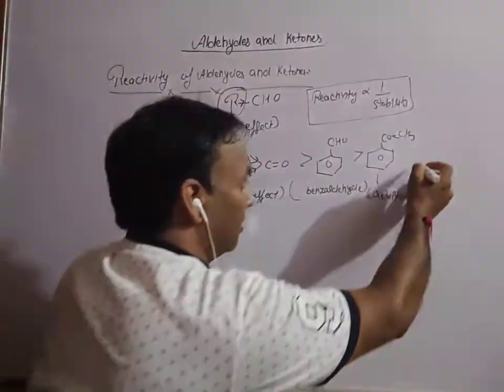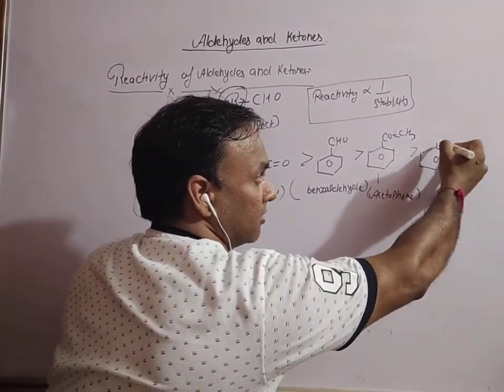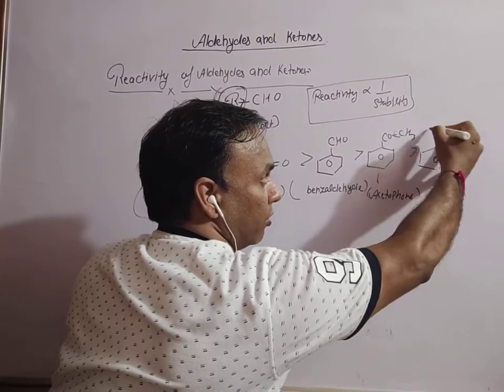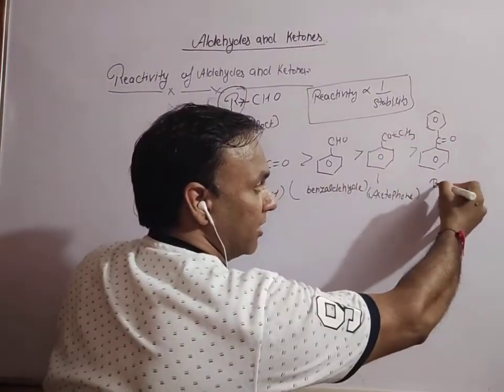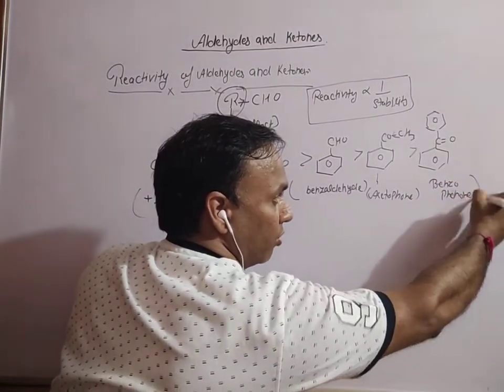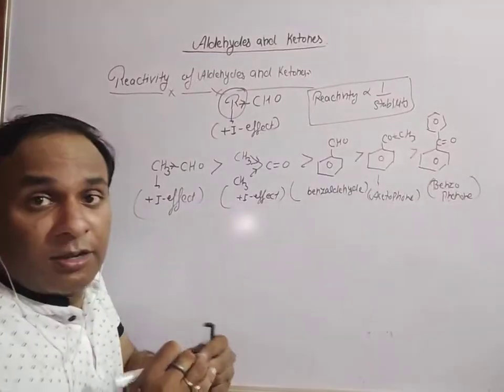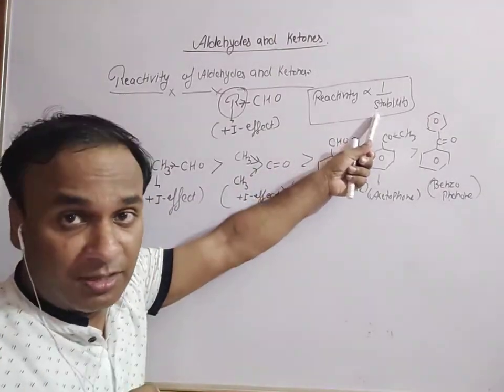And the least reactive is C6H5 C double bond O C6H5. This compound is called benzophenone. Means reactivity is inversely proportional to the stability.